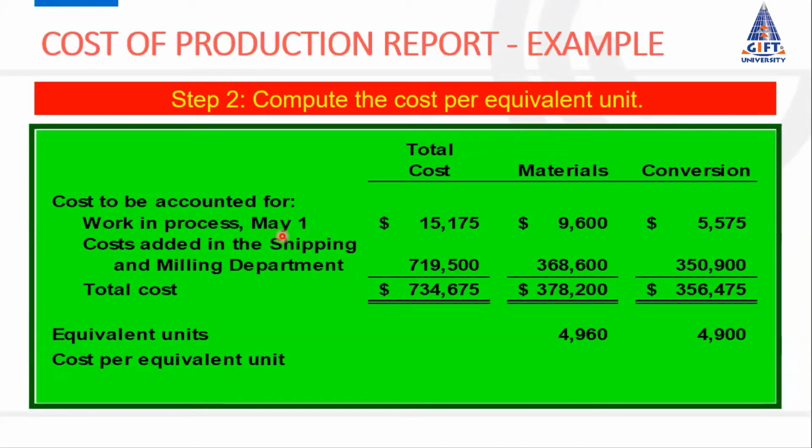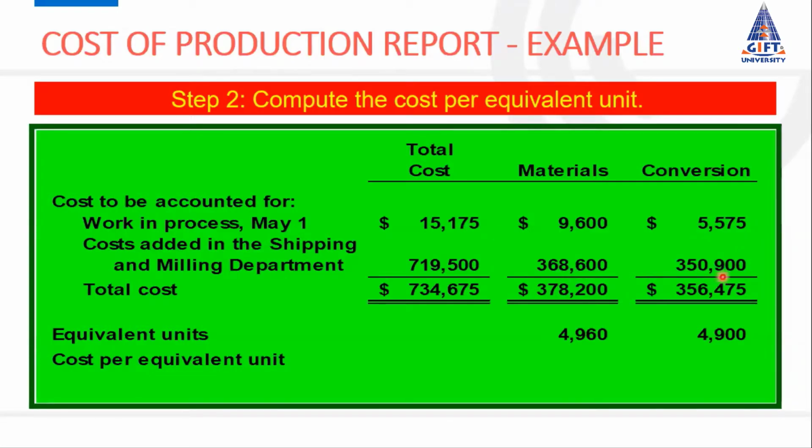But now in this period, we have added 3,68,600 materials and 3,50,900 labor, and the previous cost of work in process May 1 inventory is 9,600 materials and 5,575 conversion, and the total cost of those units is 15,175.